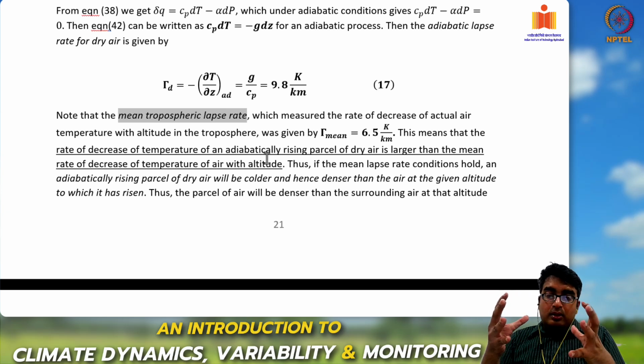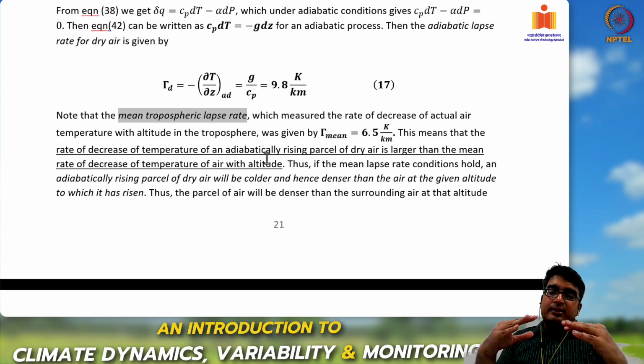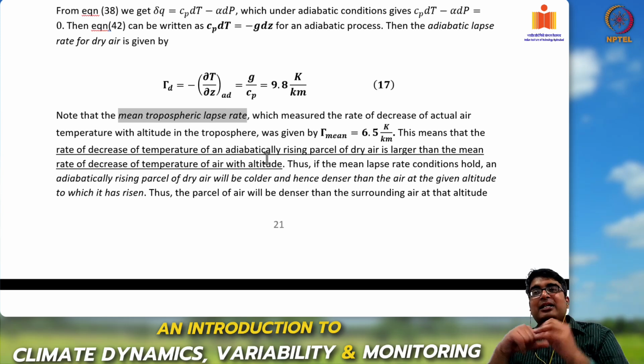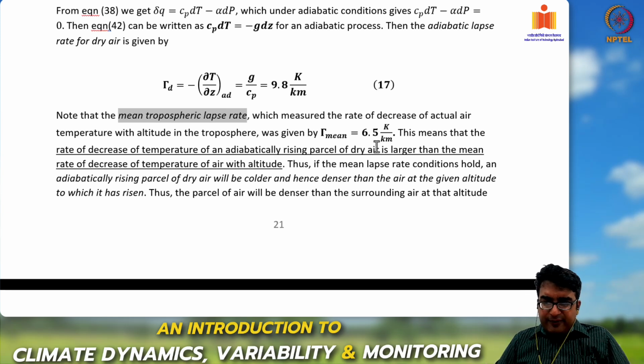Suppose you are at sea level and the temperature is 30 degrees centigrade, around 303 kelvins. In general, if you go up 1 kilometer, the air temperature will decrease by 6.5 kelvins, which is 6.5 degrees centigrade only. So from 30 degrees, it will go down to around 23.5 degrees centigrade, 1 kilometer above the sea level at that certain point.